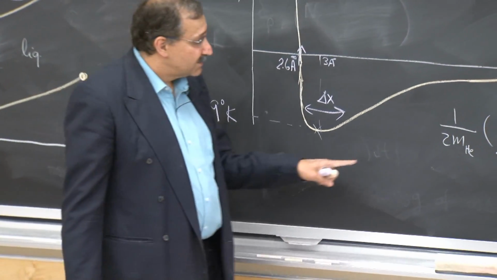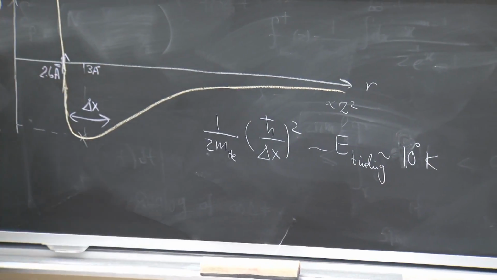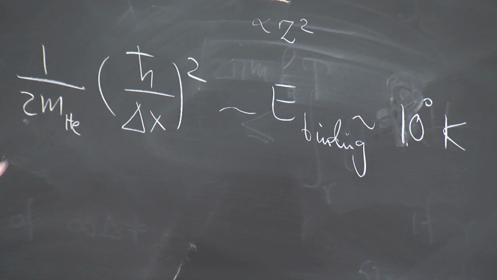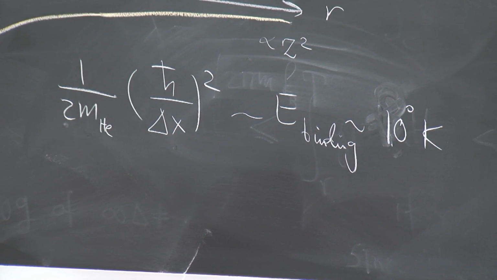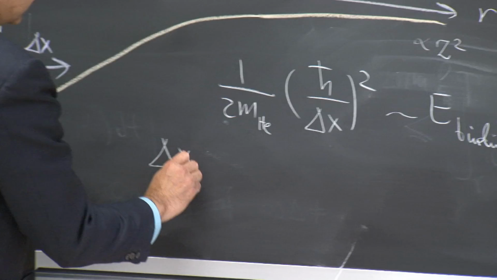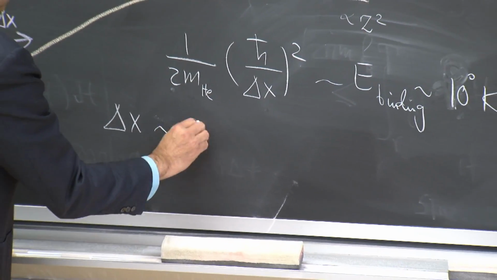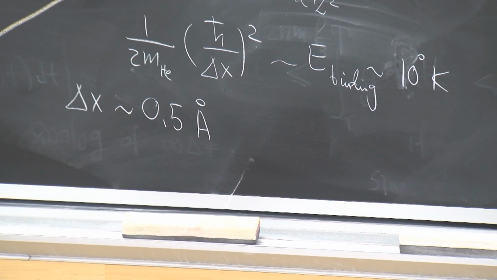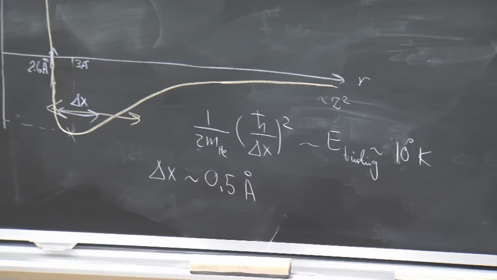And so if you put the mass of the helium here and you use this value of 10 degrees K converted to the appropriate energy units, you ask what kind of a delta X would be compatible with this kind of binding energy. You find that the delta X that you get is of the order of 0.5 angstroms. Okay? So basically, you cannot keep this in the bottom of the potential. It will have uncertainty that is of this order.